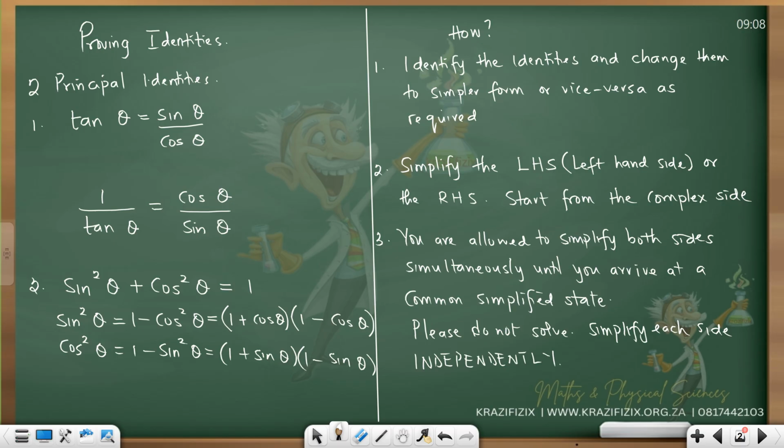In grade 12, we are going to add a few more identities, which makes it more interesting. Are we okay? Can I move on to the next page, please?